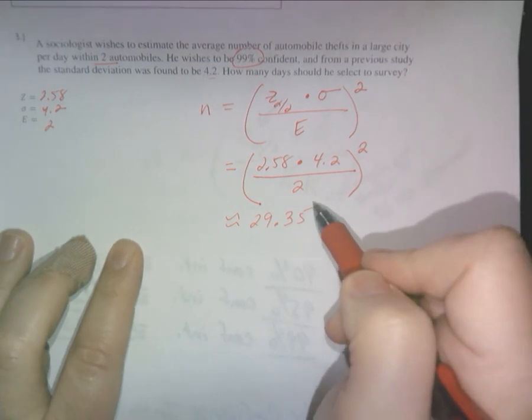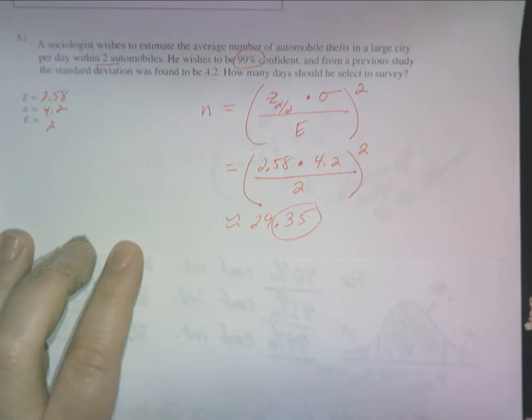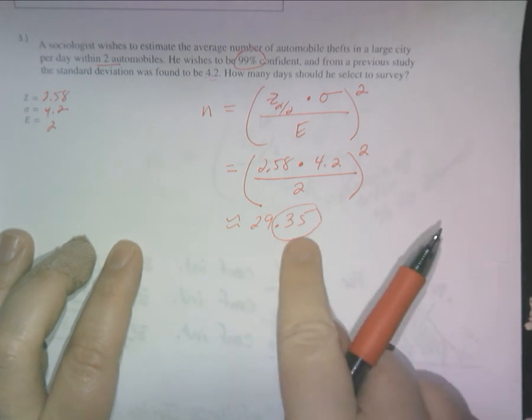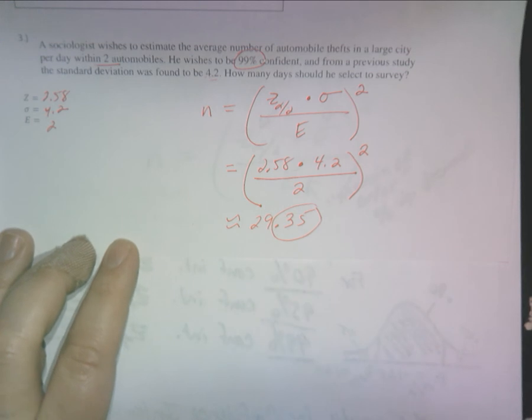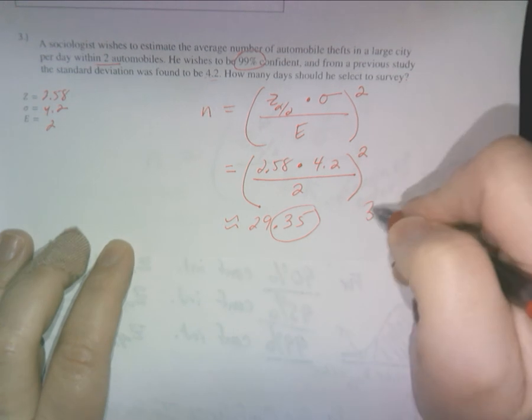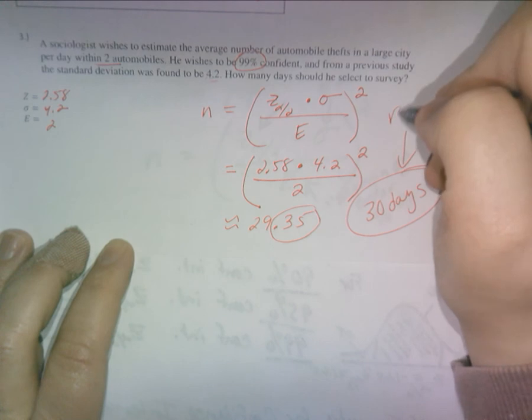No matter what this decimal is, no matter what, you round that answer up. What if it was 29.04? Round it up. What if it was 29.00001? Round it up. So how many days does this sociologist have to go for? 30 days. No matter what, always, always, always round up.